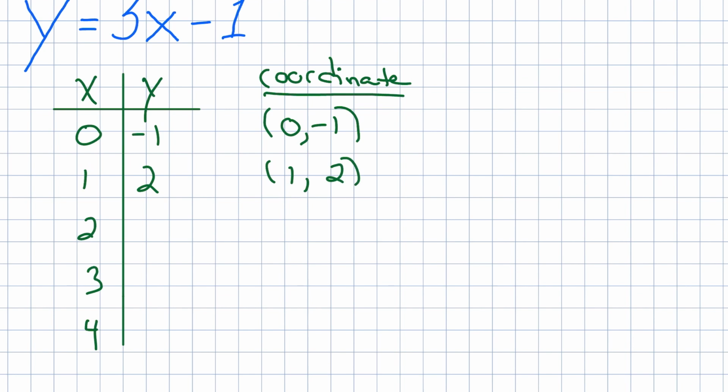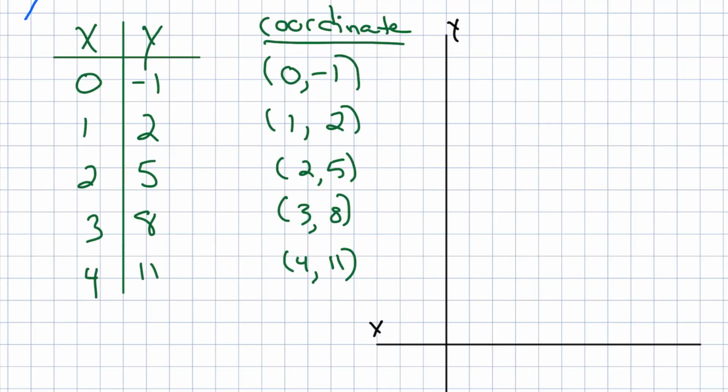Now if I keep this pattern up and I just plug in the value, so I plug in 2, 3 times 2 is 6, 6 minus 1 is 5, so 2, 5 is on this graph. And then I plug in 3, 3 times 3 is 9, 9 minus 1 is 8, so 3, 8 is on the graph. And finally 4, and we've already done 4. When I plug in 4, 3 times 4 is 12, and 12 minus 1 is 11, so 4, 11 is on this graph. So here are 5 points that are on this graph.